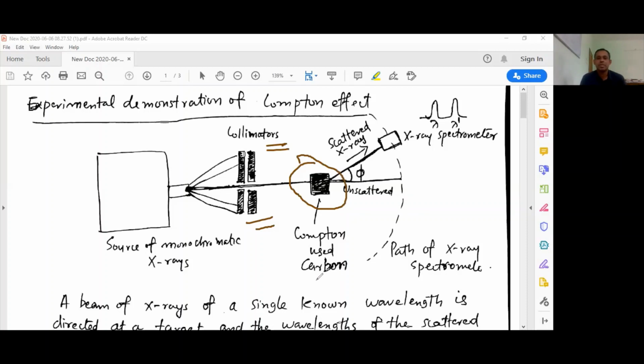Compton used carbon as a target, and we have a detector here, an X-ray spectrometer, which can detect the radiation coming in at different angles. This detector can move over a circle, so it can detect X-rays coming at different scattering angles.